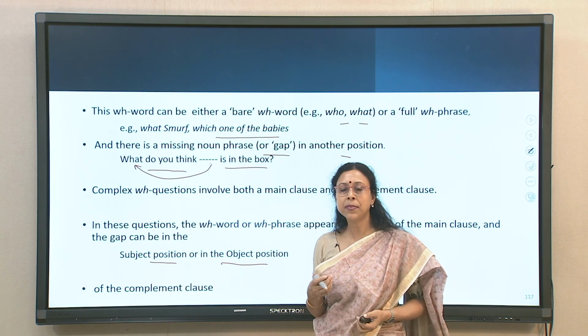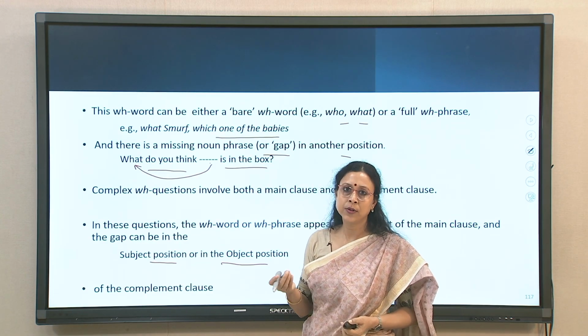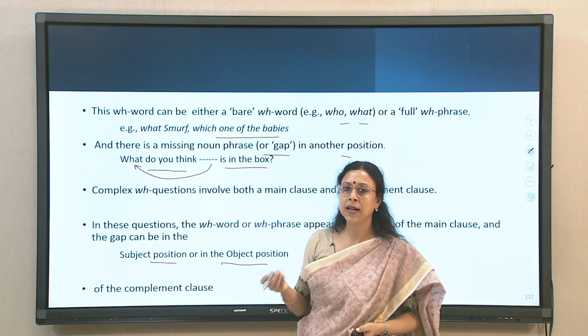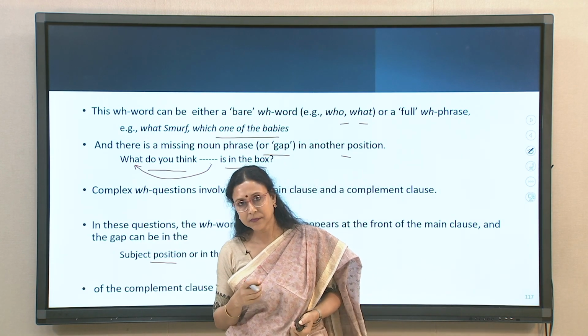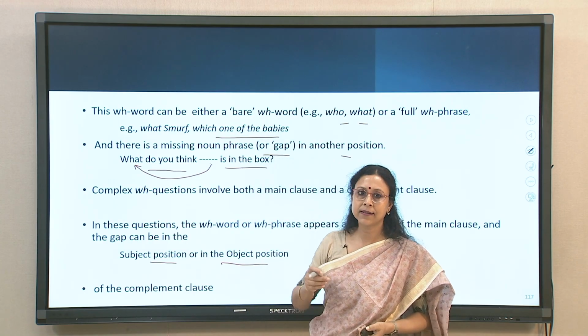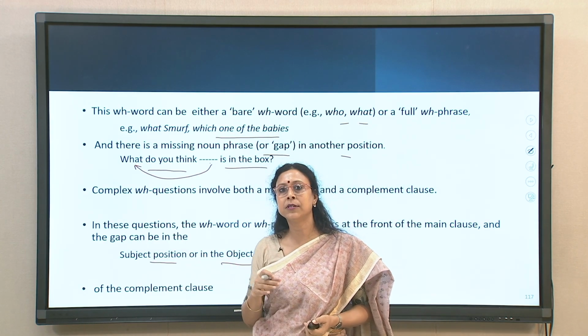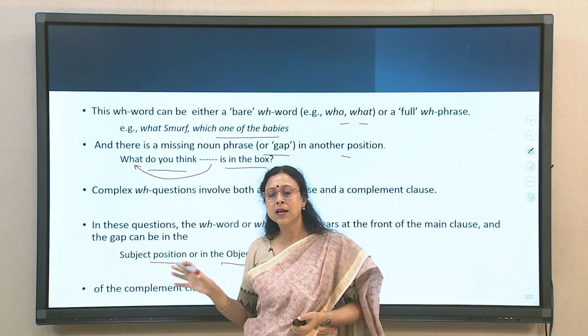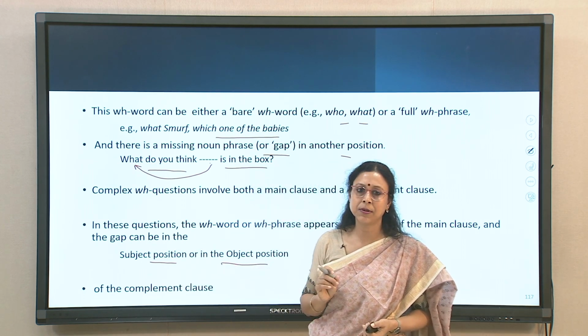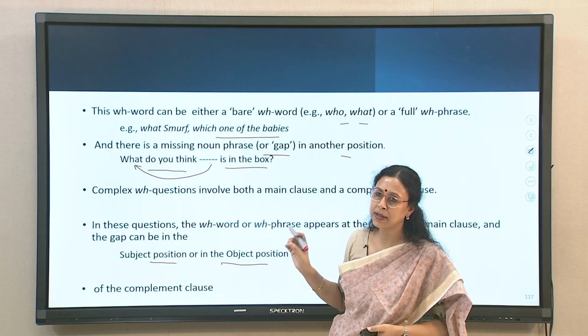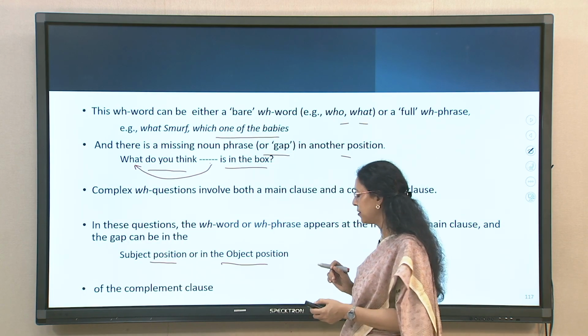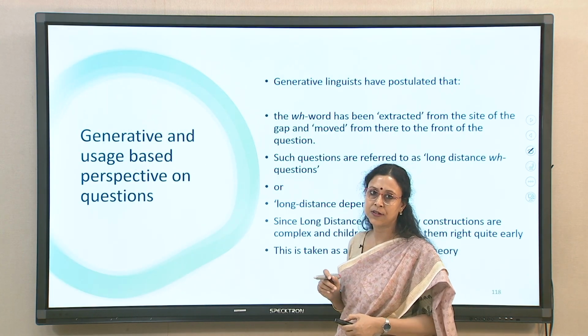A simple WH question will be, for example, what did you eat, what do you like, where did you go. But a complex sentence will be, for example, what do you think happened, and then there can be a relative clause, for example. Those positions can be either subject or object position in the complement clause.